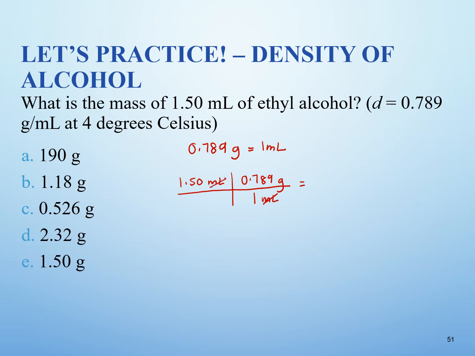And our answer here, if you put it in the calculator, you actually get a long number, 1.1835 grams. Now, you see here, my question has 3 sig figs. The density has 3 sig figs. So my answer here should only have 3 sig figs. If it's 1.1835, 3 is less than 5, so I'm going to round to 1.18 grams. So my answer here should be B. And this is the end of chapter 2.